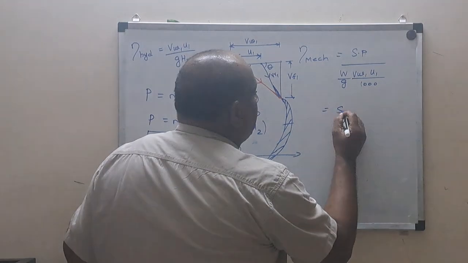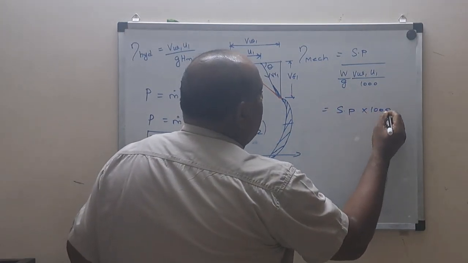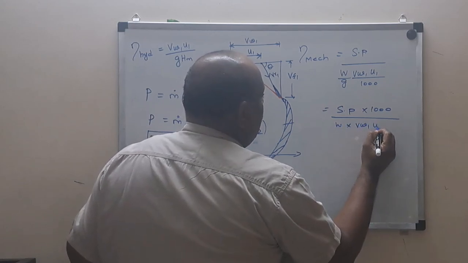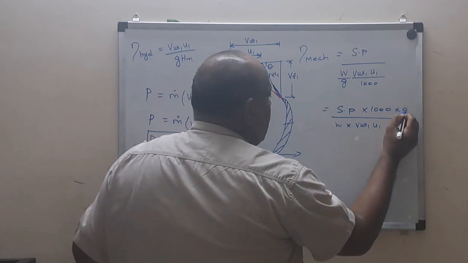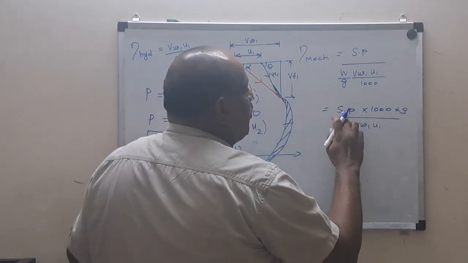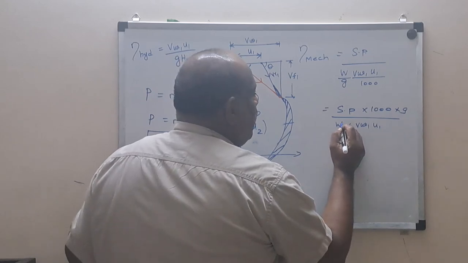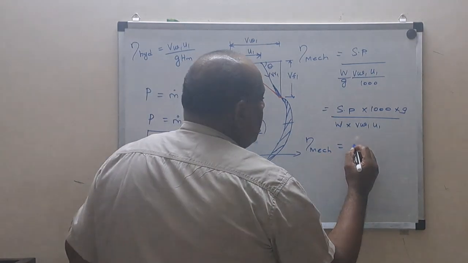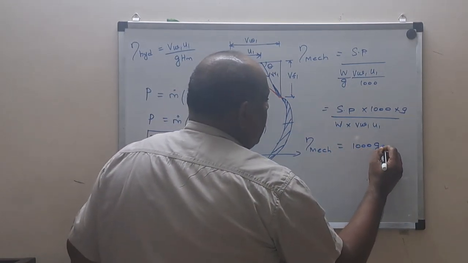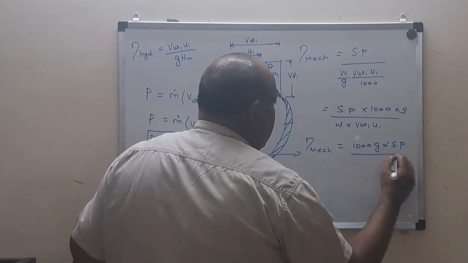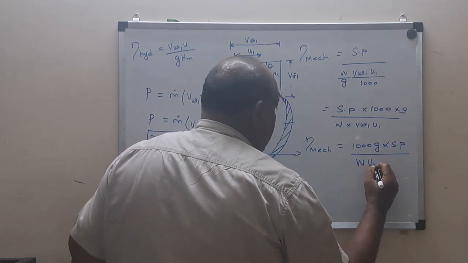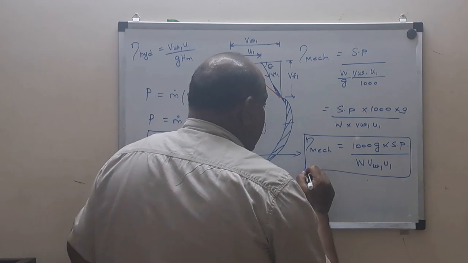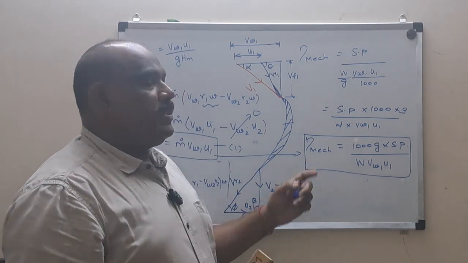It will become shaft power into 1000 by W into Vw1 U1 by g. This g will go to the numerator, and this 1000 also goes to the numerator. So it is 1000 g into shaft power by W Vw1 U1. This is the formula for the mechanical efficiency of a turbine.